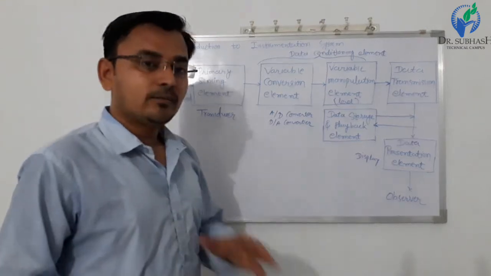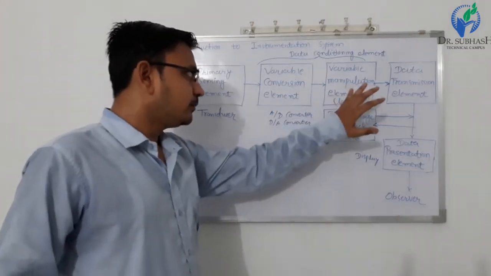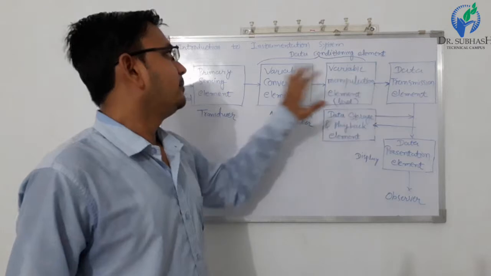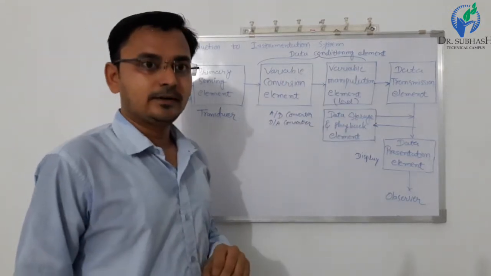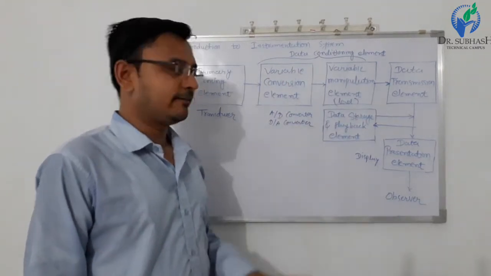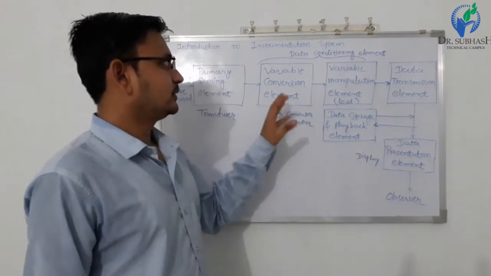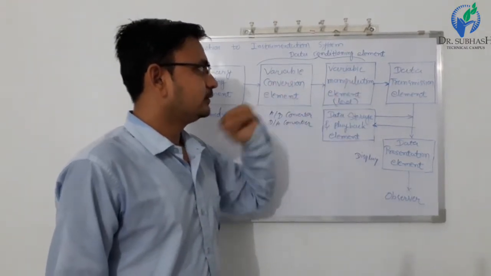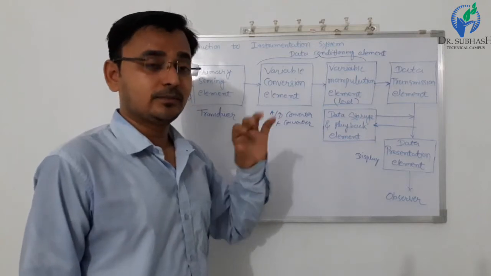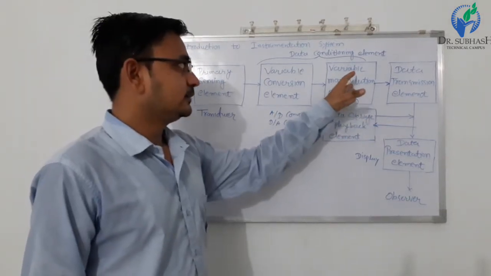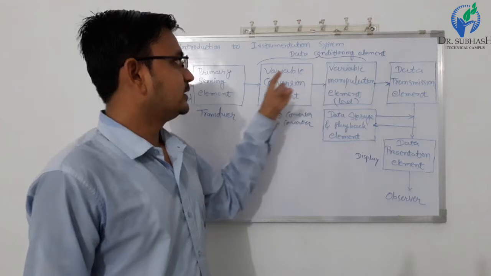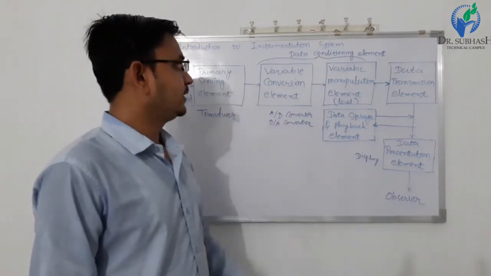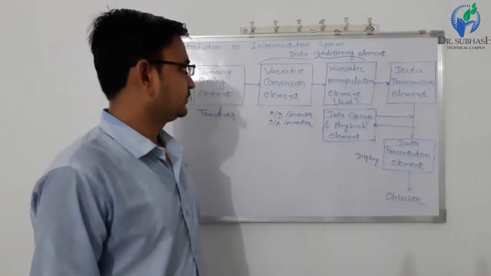One more thing, this variable manipulation element may be before the variable conversion element, as per our requirement. It is not necessary that variable manipulation must come after variable conversion. Its location may change, and it can be before the variable conversion element also.